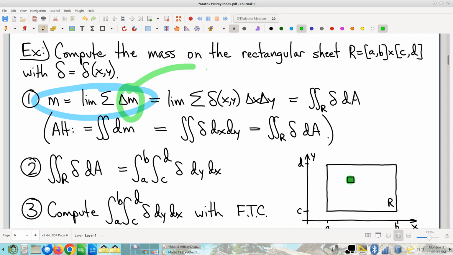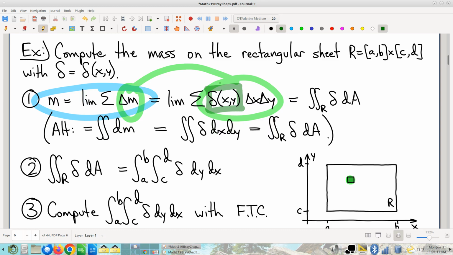Well, mass is mass per unit area times area. This is the whole point of the concept of mass per unit area, that you can multiply it by area to get mass. That's its job.